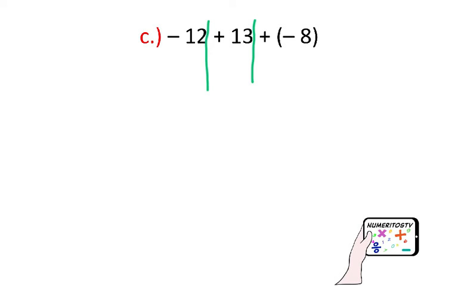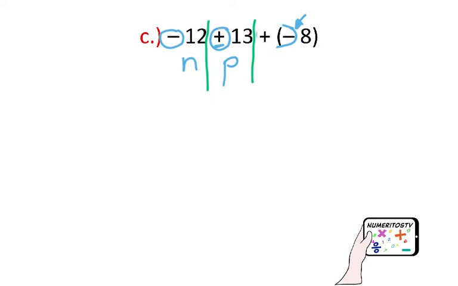So here we have negative 12. Here we have positive 13. So these are considered positive. And here, remember that we have two symbols, but you focus on the one in front.